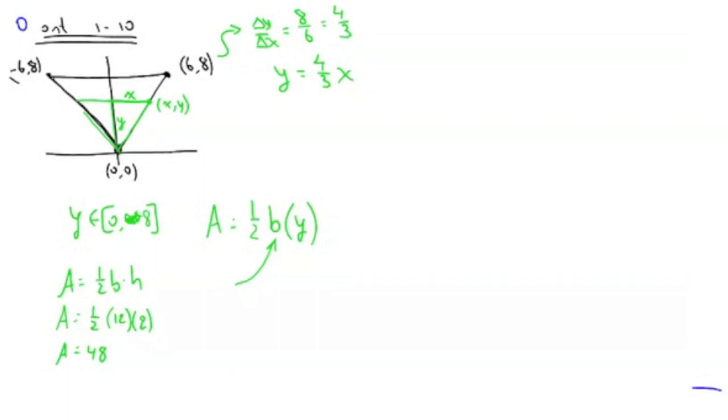Well, y equals 4/3 x. How do I solve for x? You don't switch them, it's not an inverse function. Multiply both sides by 3/4. So you get x equals 3/4 of y.